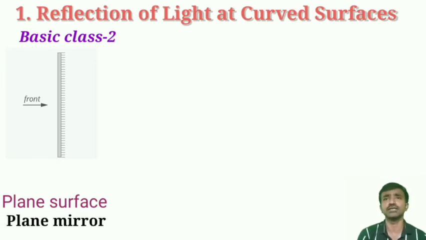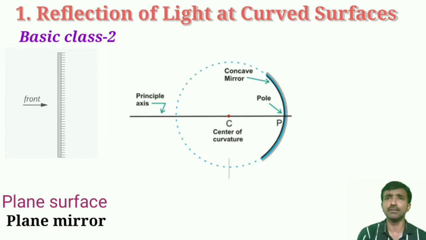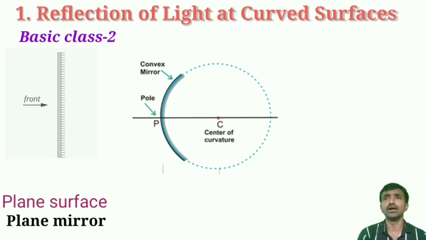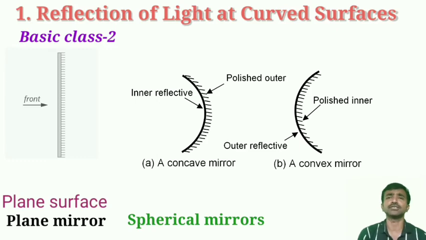Then what about the spherical mirrors, like concave and convex mirrors? A spherical mirror is a mirror that has a shape that is bulged or curved in, like a depth. These types of mirrors are called spherical mirrors.